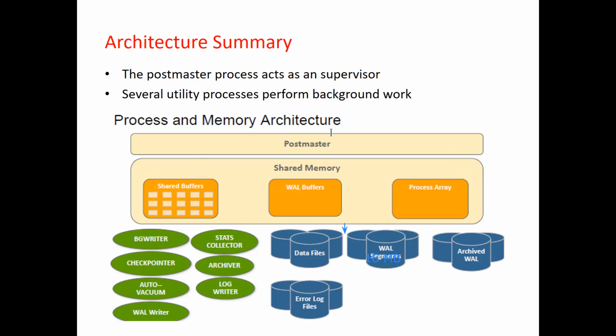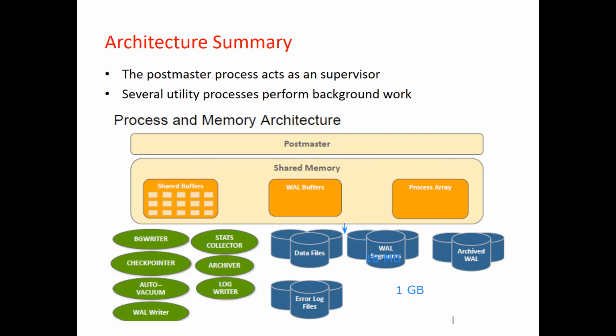It will write 16 MB of WAL, then it will switch and start writing to a new WAL file. So 16 MB, 16 MB, 16 MB, and this will keep on writing up to the size of 1 GB. So total WAL file size is 1 GB. Total area allocated is 1 GB.